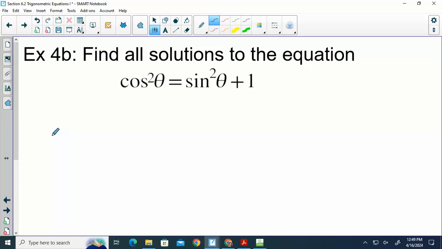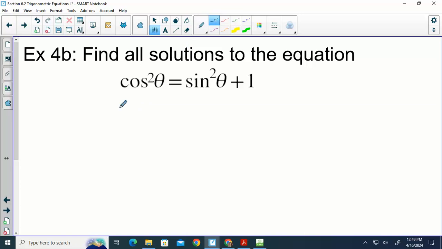If I just try to factor this right now, is it going to work very well? I have 2 different trig functions. No greatest common factor. Since they're not the same function, we can't do quadratics or anything like that. So our identities have to come back into play here. We need to replace one of these. It does not matter which one.